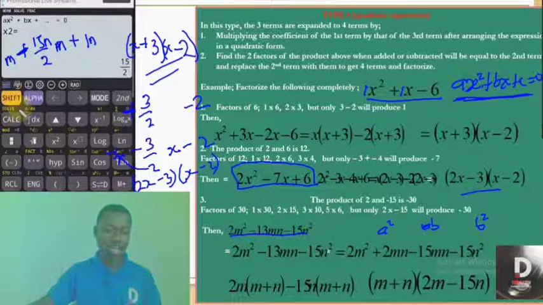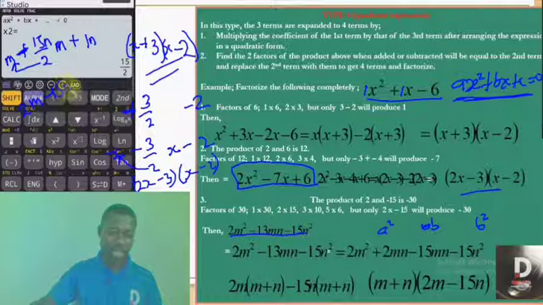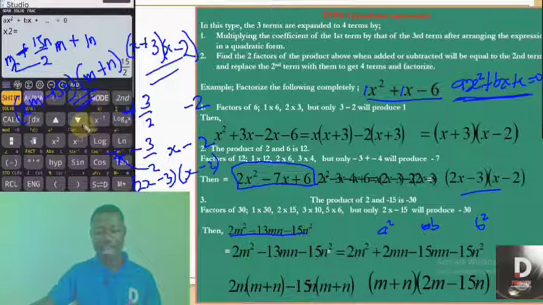So finally you get what? Remember, you multiply the one which is a fraction, the denominator, by the first term. So it becomes 2m minus 15n. The next one is m plus n. 1n is the same as n. This is the final answer.